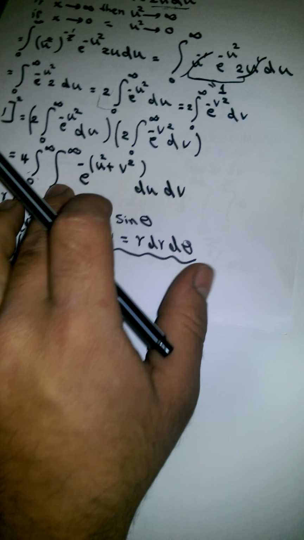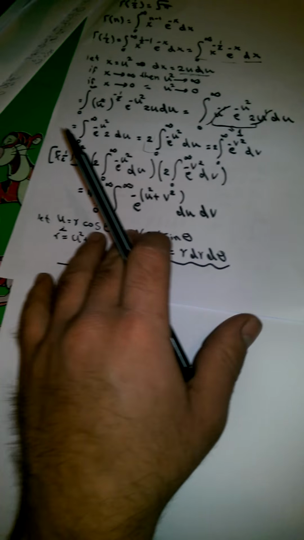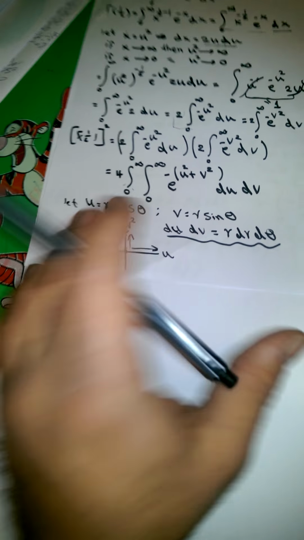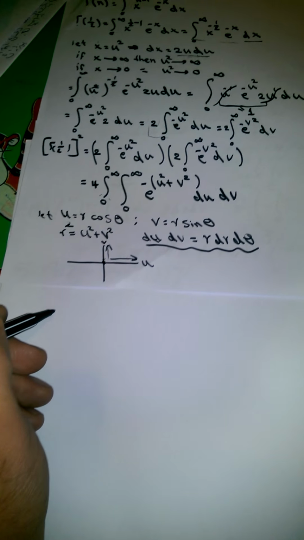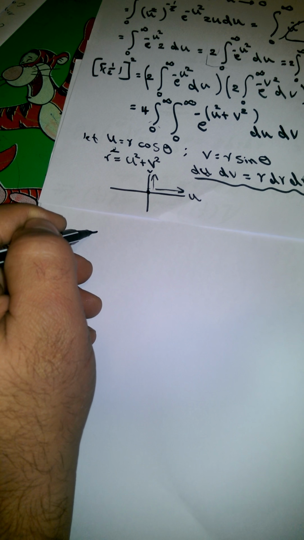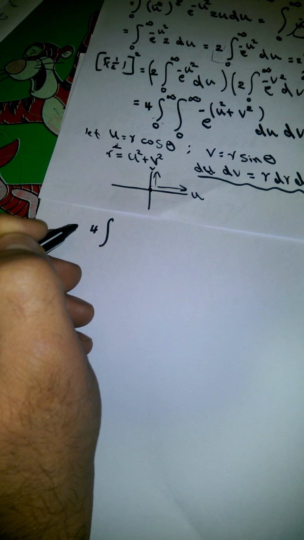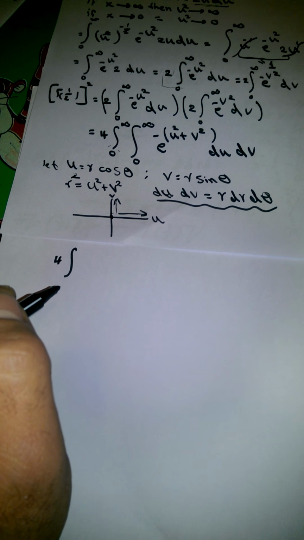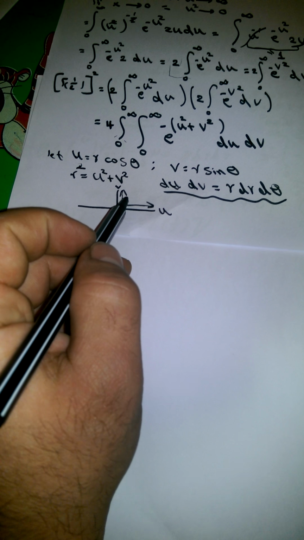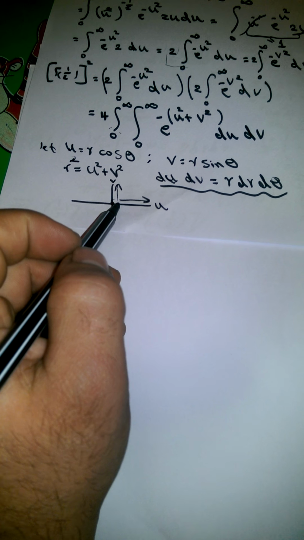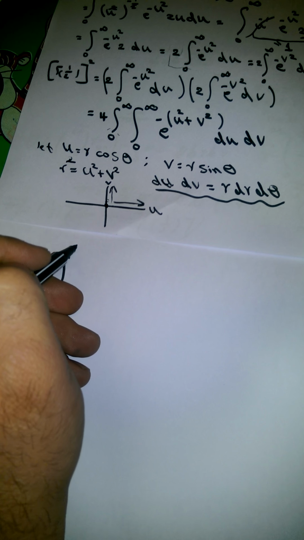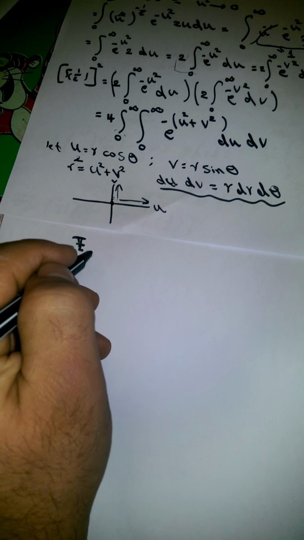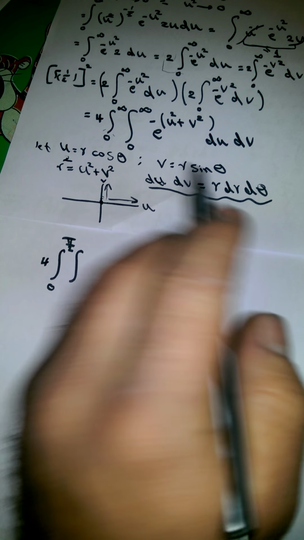The first octant in the polar coordinate system, we write it as a double integral. The first one is for theta. The theta is the angle. Here in the polar we have the angle from 0 to pi over 2. And the second integral is about r.